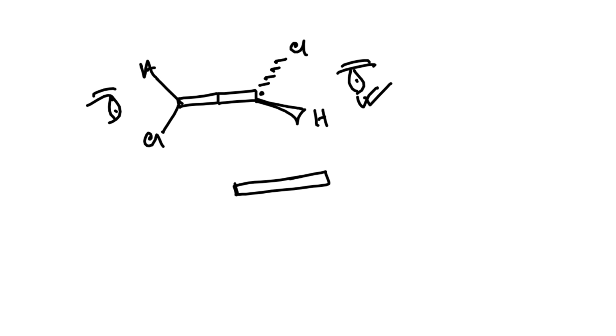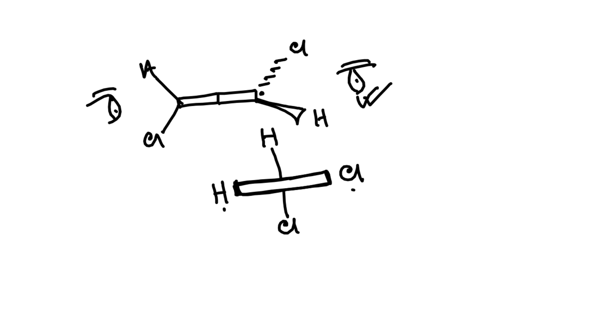So we represent it by a thicker line, and on our right hand side we have Cl, on our left hand side we have hydrogen, on top we have hydrogen, and on bottom we have chlorine. Now priority will be given to this chlorine, because both hydrogen and chlorine are at the near end.